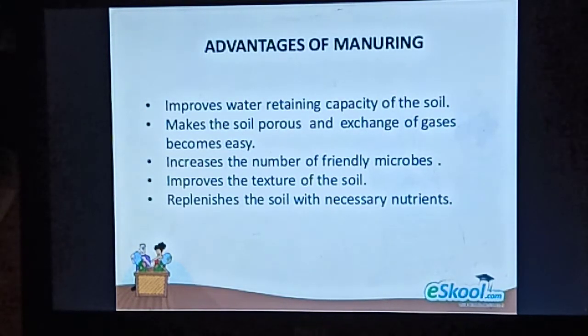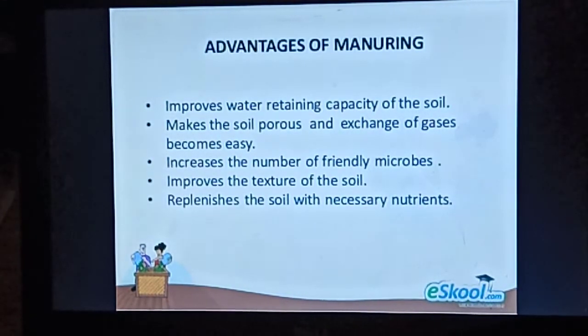It also takes out hollow spaces in it, and it can exchange gases very easily, and it increases the number of friendly microbes, means it makes much and much minerals in the soil, and it improves the texture of the soil, and it replenishes the soil with necessary nutrients, means it puts much and much nutrients in our soil.